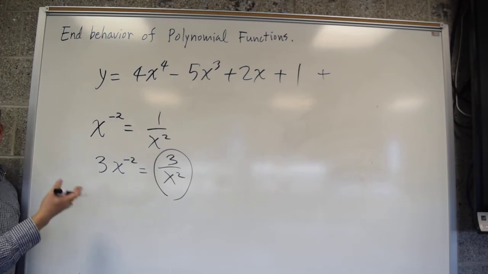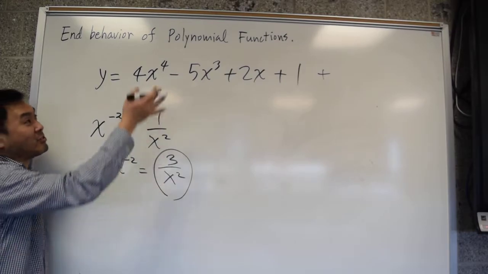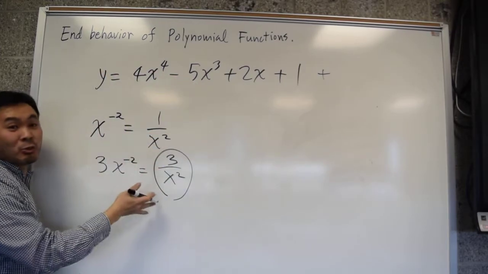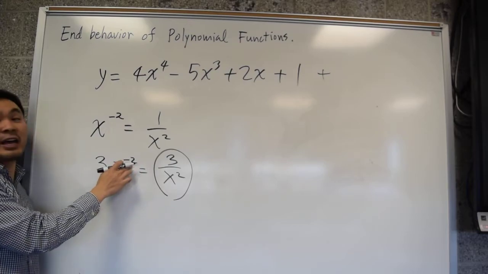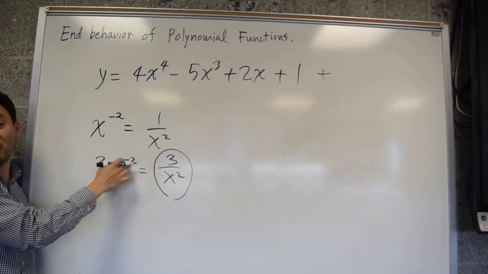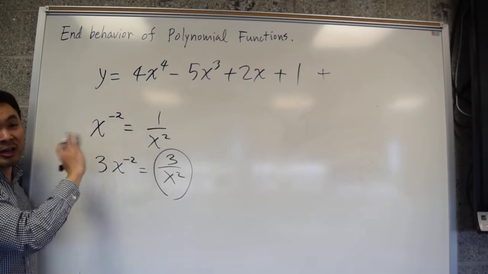It's still a power function. But if you have this in your function, it disqualifies the function from being called a polynomial because it's a negative power. You can't have fractions, in other words. So polynomials are functions where you can't have fractions.